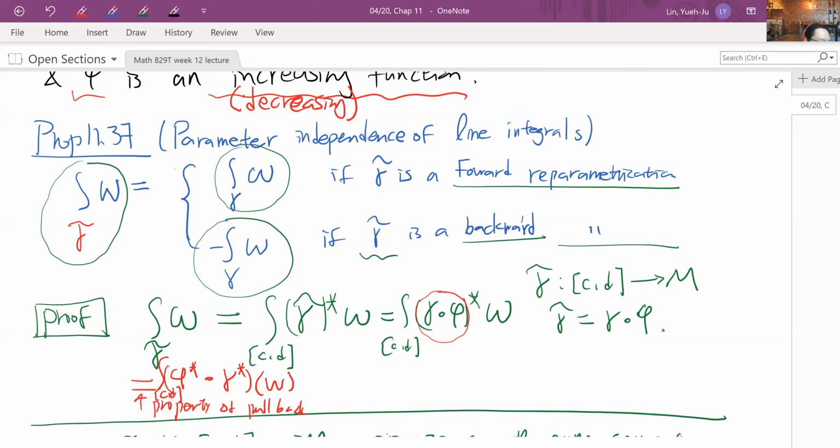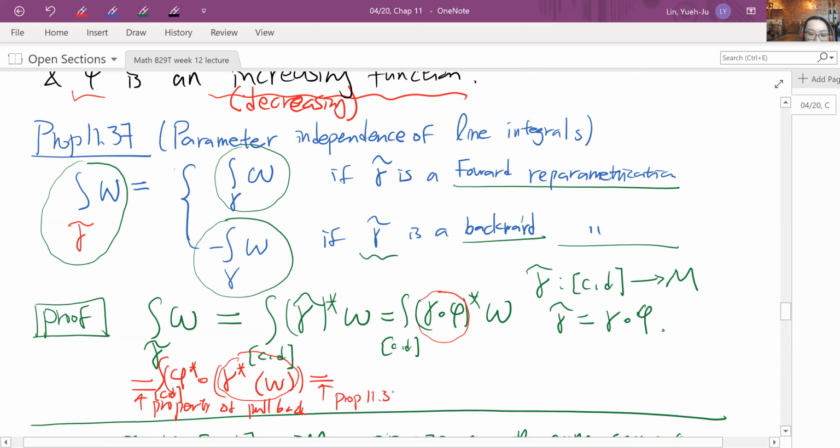Okay, so now when you do this, by what we saw before, phi is a diffeomorphism, right? So you first pull back by phi star of this whole thing. And this is the one we saw before, proposition 11.3.1: if you integrate something by the pullback of a diffeomorphism, this is the diffeomorphism invariance, right?